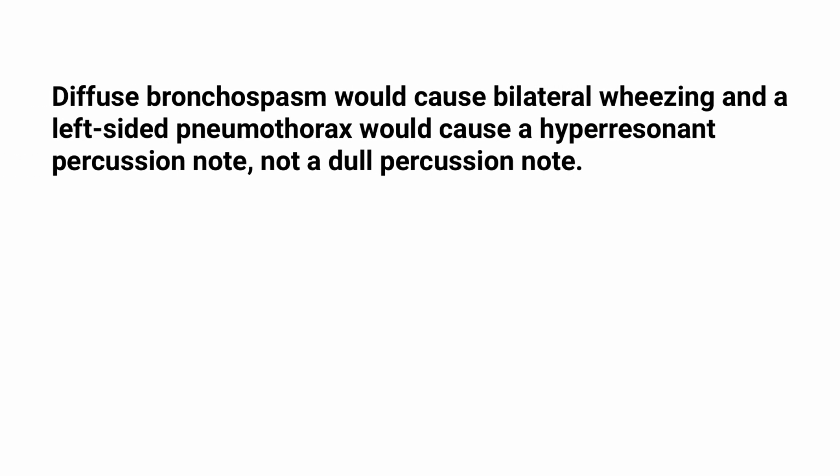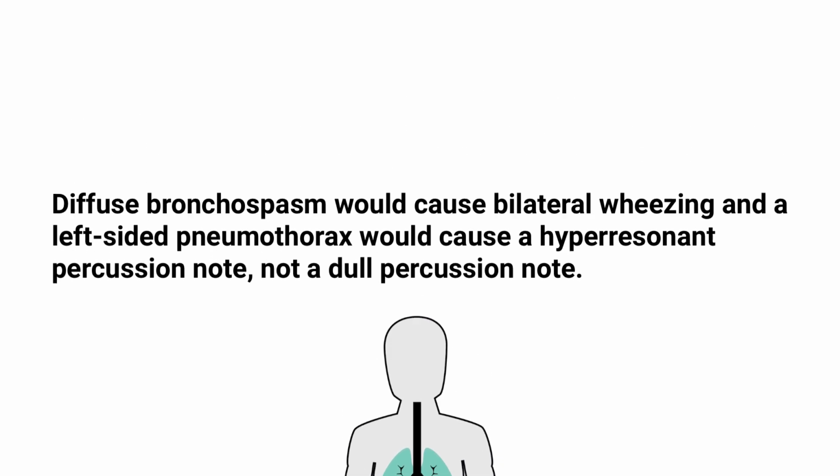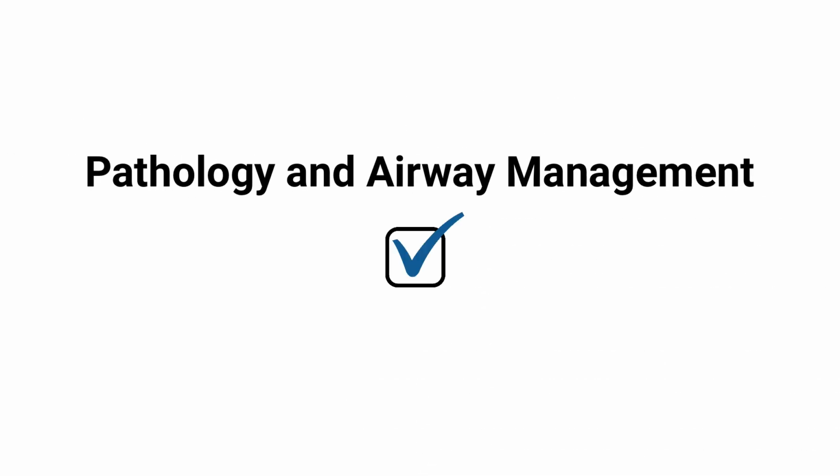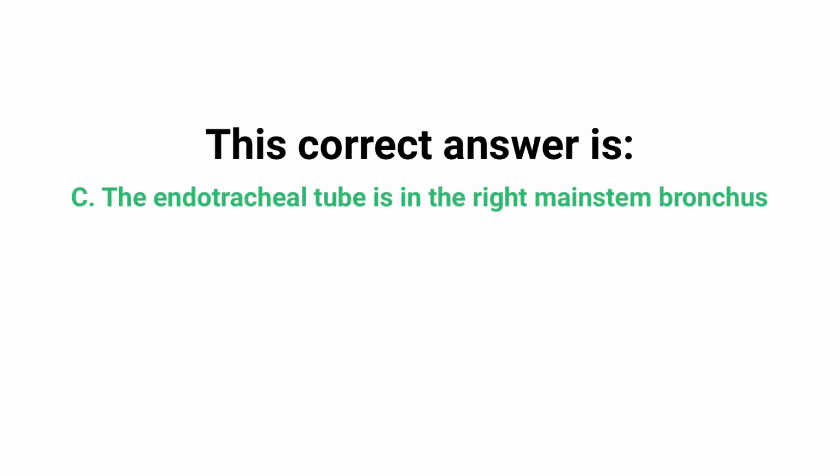Diffuse bronchospasm would cause bilateral wheezing, and a left-sided pneumothorax would cause a hyperresonant percussion note, not a dull percussion note. So by using what we know about pathology and airway management, as well as the process of elimination, you know that the correct answer has to be C. The endotracheal tube is in the right mainstem bronchus.